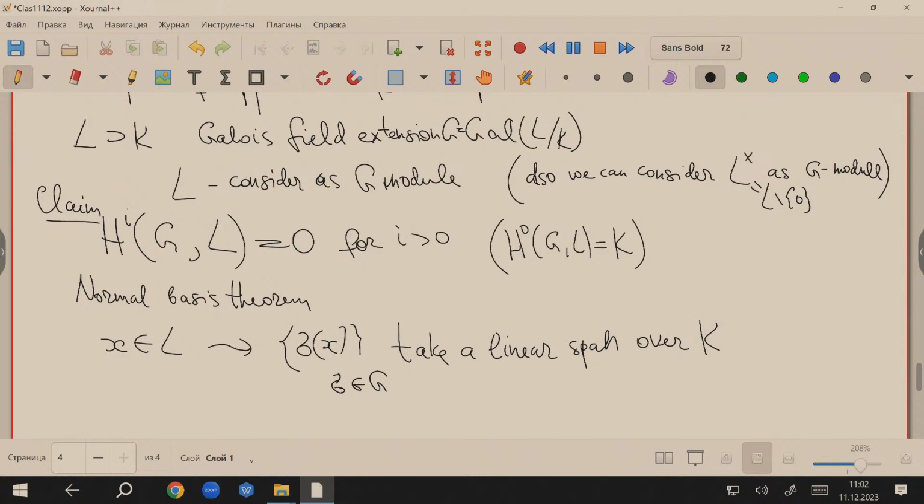This is the same thing, but instead of powers, you are applying elements of the Galois group.